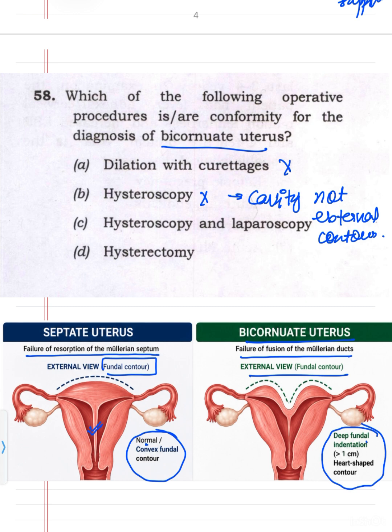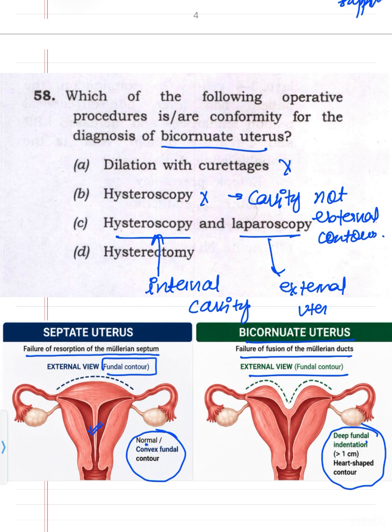Yes, this is correct, because hysteroscopy is going to show you the internal anatomy. So through hysteroscopy you are going to see the internal cavity, while through laparoscopy you are going to see the external uterine fundal contour.